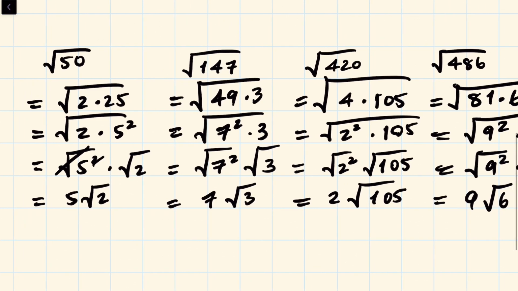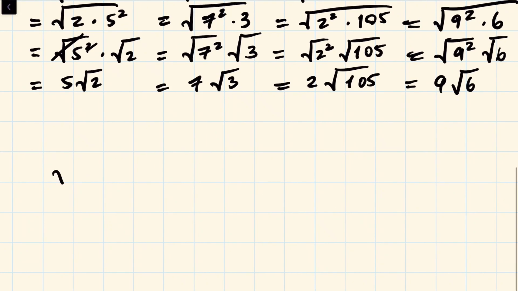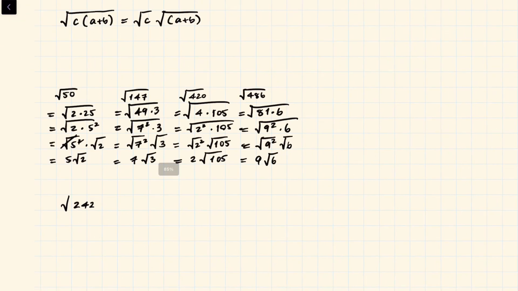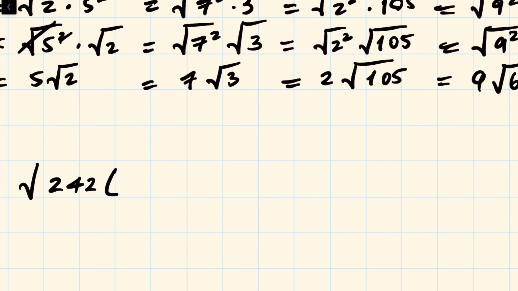What if we had the square root of, let's do 242 times 6 plus x? Okay, so we have a variable now.